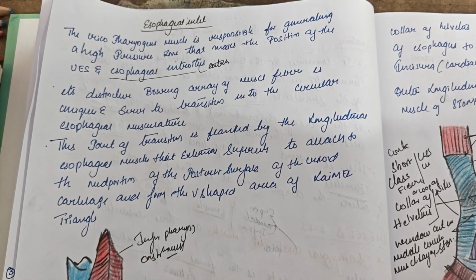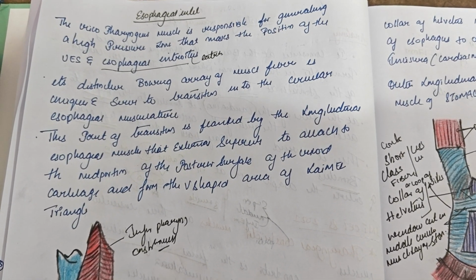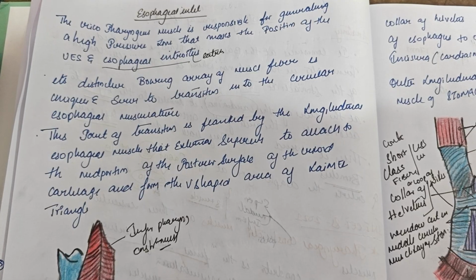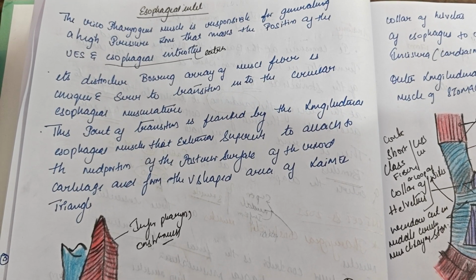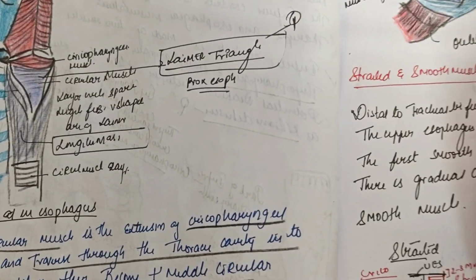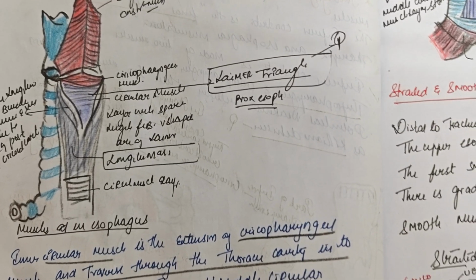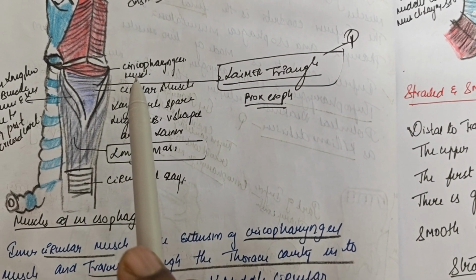Laimer's triangle. So what is it trying to tell us? If you look into it, the cricopharyngeus muscle is responsible for generating a high pressure zone that makes the position of the upper esophageal sphincter and esophageal introit. If you observe carefully here, you have a cricopharyngeus muscle.